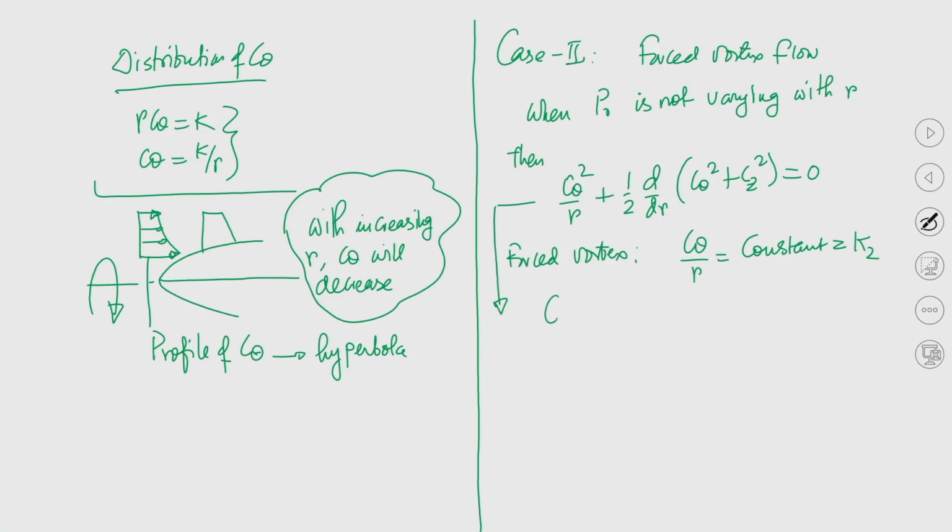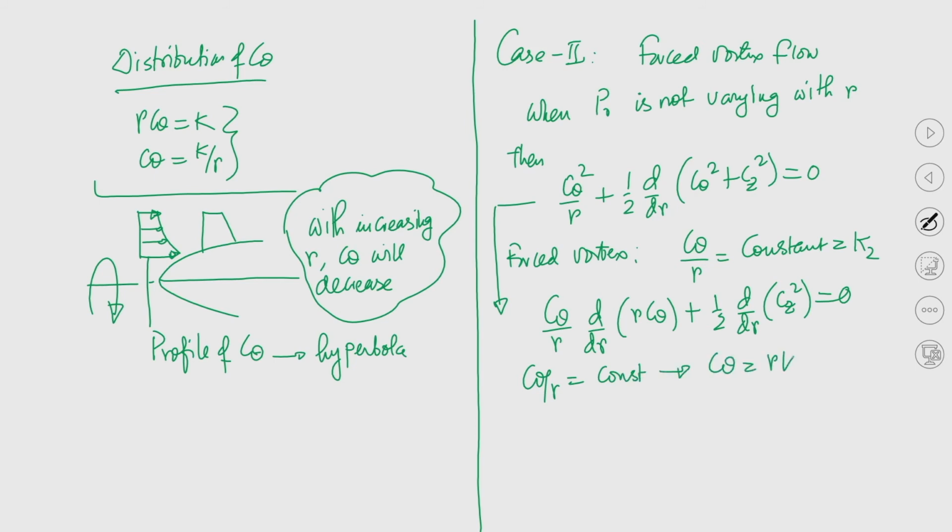We can write this equation, just like the previous one: d dr of r C theta plus half d dr of C z square equal to 0. Now, C theta upon r equal to constant, therefore C theta will be equal to r into k 2.